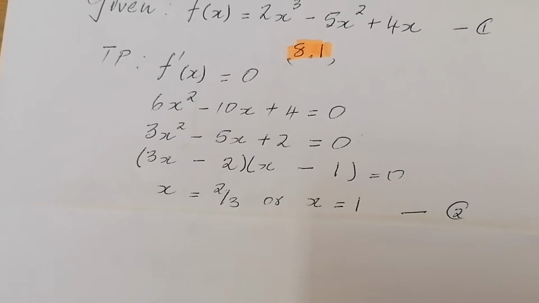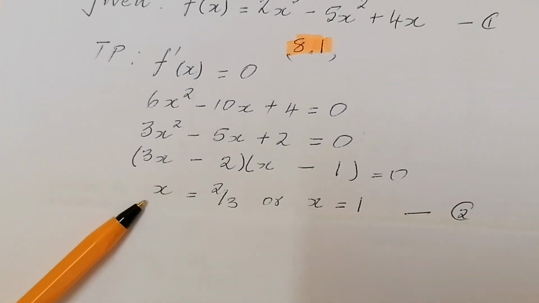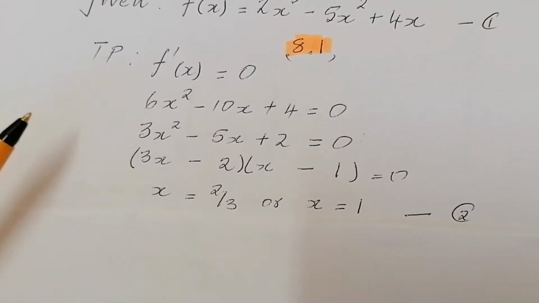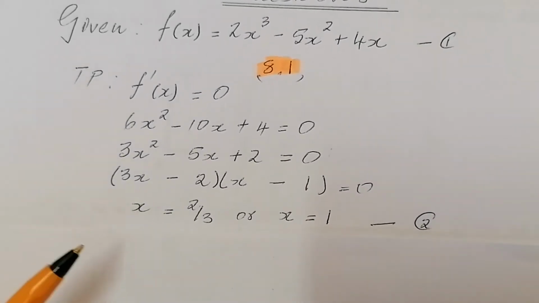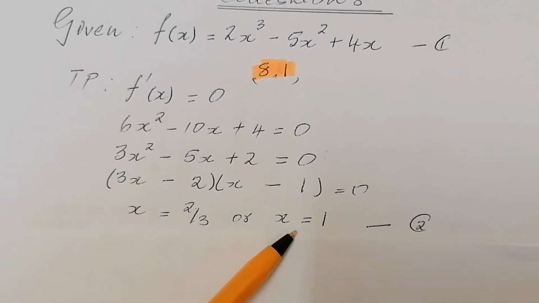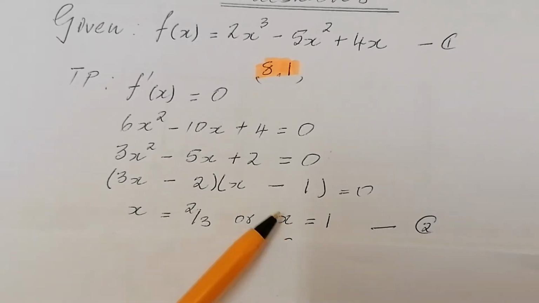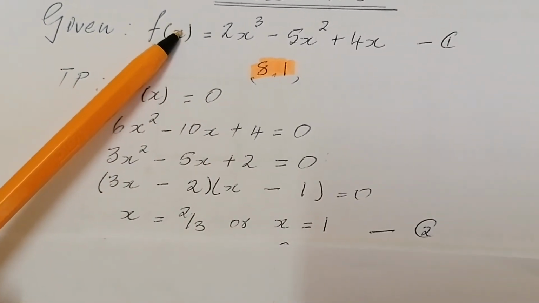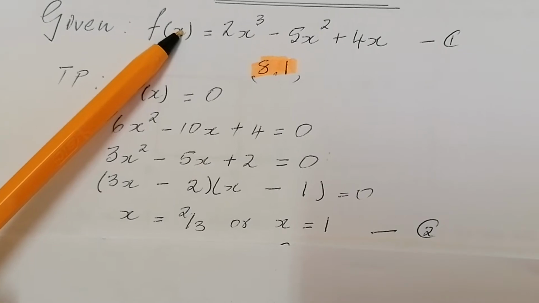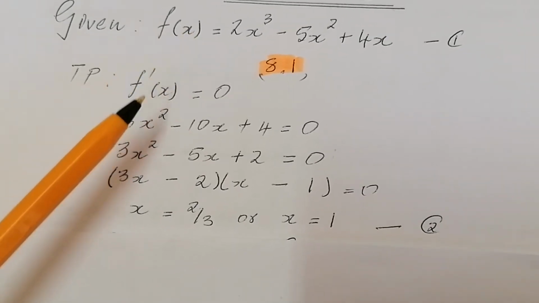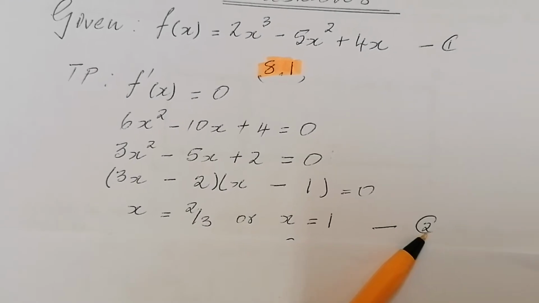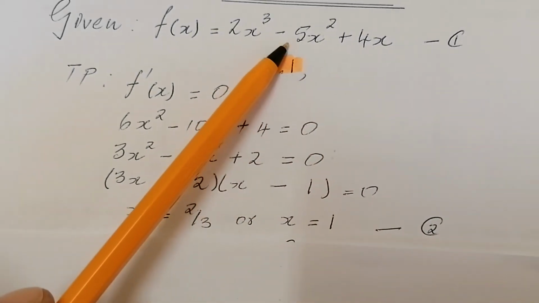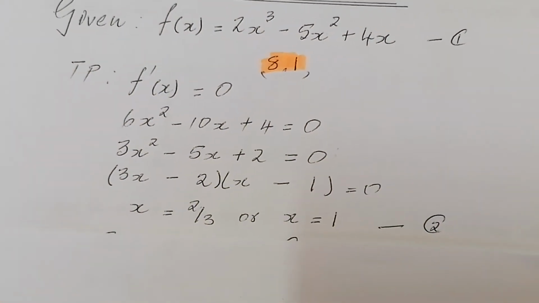Now, to find the y values of the turning points of the graph of f, what do you do? You take each one of these values, you substitute them into the given equation, then they will give you the values of y. That is why I said this is equation 2 and this is equation 1.